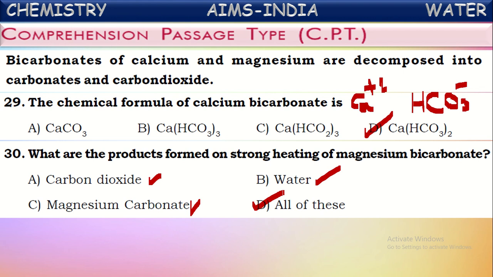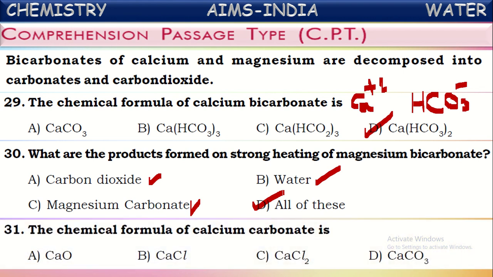Okay. Next, the chemical formula of calcium carbonate. Yes, this is an insoluble solid substance in water. When bicarbonate of calcium is heated, it decomposes to form calcium carbonate, carbon dioxide and water. This formed calcium carbonate is insoluble in water, which can be separated by the filtration process.